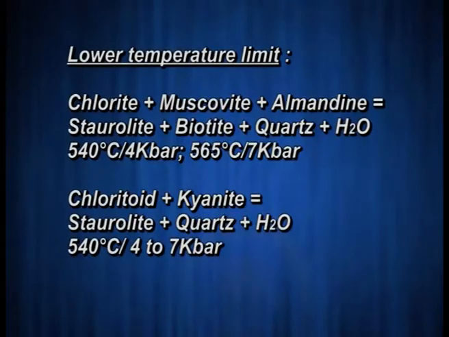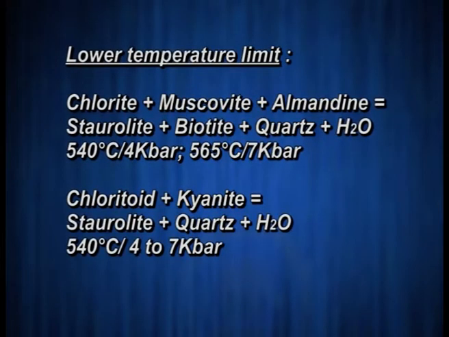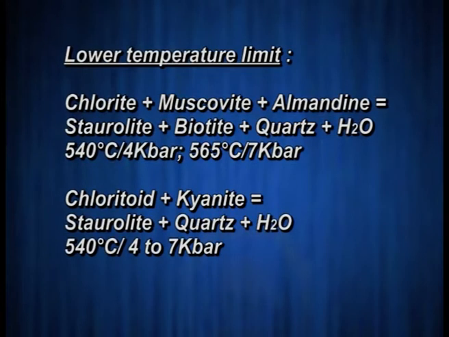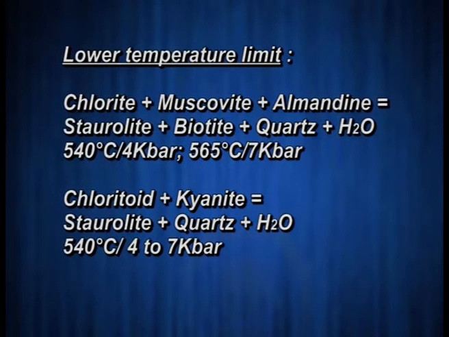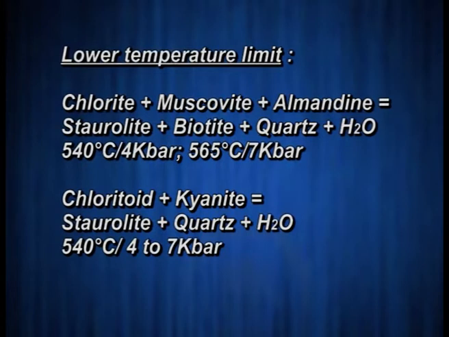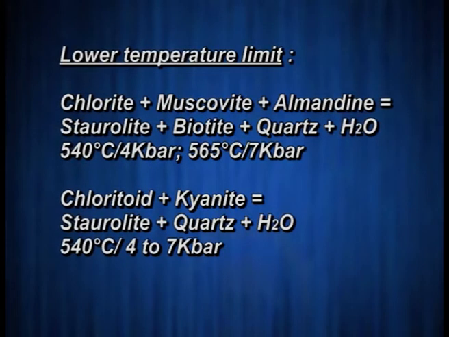If staurolite changes towards chlorite, that indicates retrograde metamorphism or retrograde reaction, and similarly if chlorite changes towards staurolite, or formation of staurolite, indicates your prograde reaction, which occurs at 540 degree centigrade 4 kilobar, 565 degree centigrade 7 kilobar, carried out by Hosek 1969.